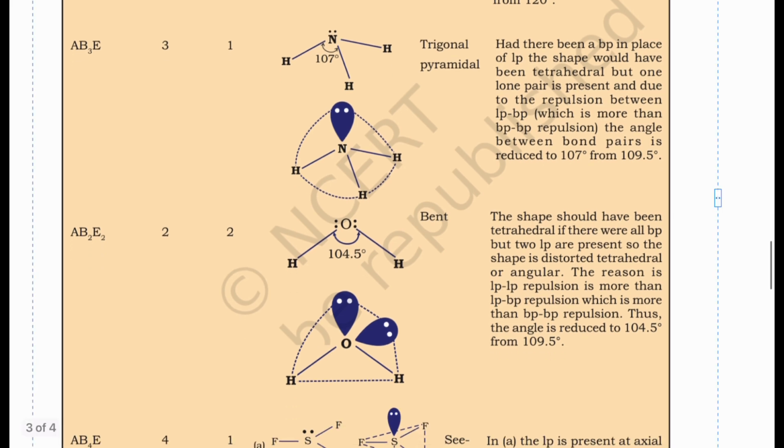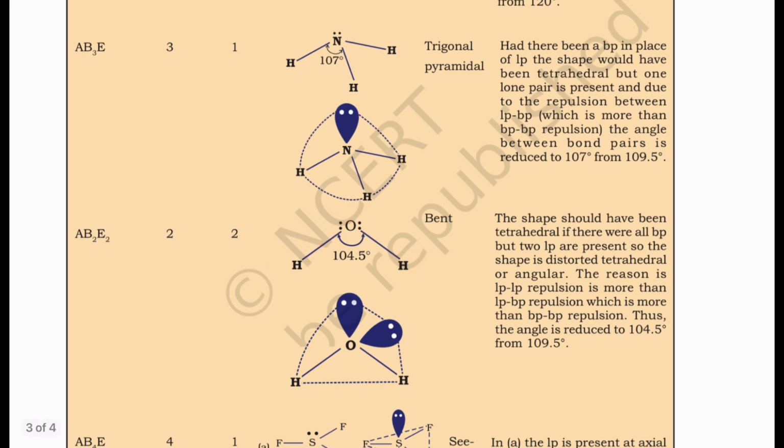Coming to the next, AB2E2, and the classic example is water. We have one central atom, two surrounding atoms and two lone pairs. Again, lone pair repulsion is far more than bond pair repulsion, so the lone pairs will compress this bond. The bond angle will be significantly less than 109.5, and here it is 104.5.